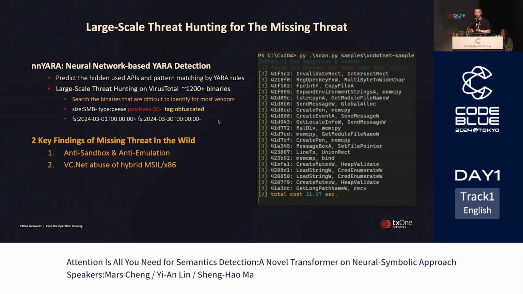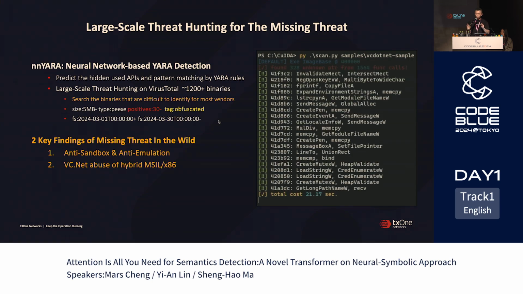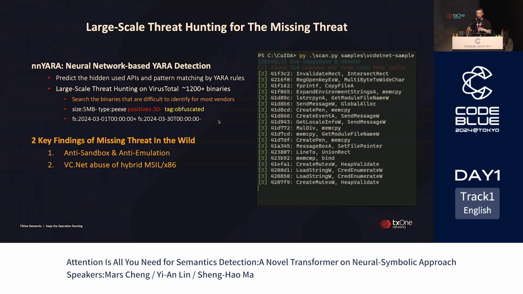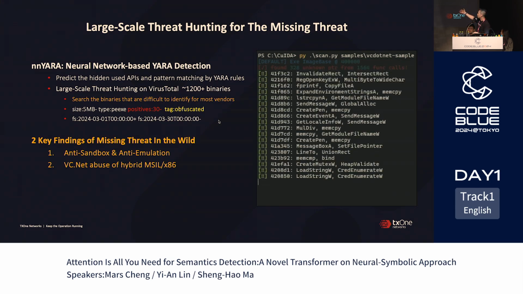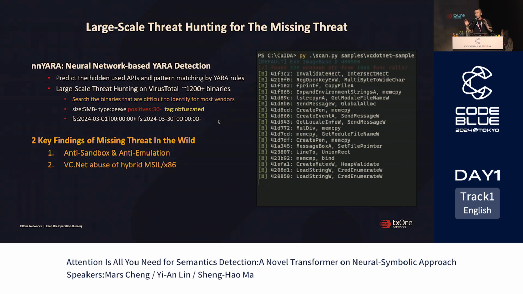And in our large-scale threat hunting, we found two kinds of evasion tricks widely used by bad guys. First, anti-sandbox and anti-emulation still work. Those binaries will try to evaluate whether they are under a virtual machine or a sandbox, and they will try not to expose any attack behavior so they are not flagged as malware.